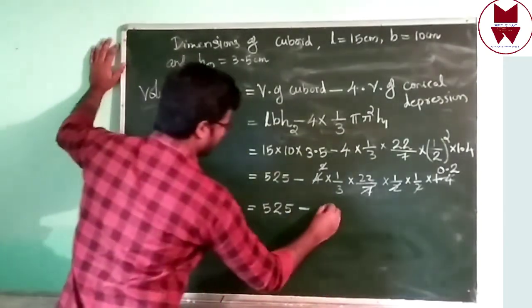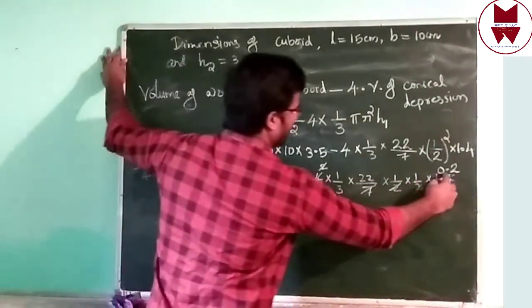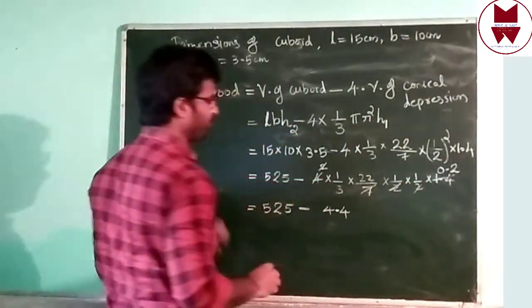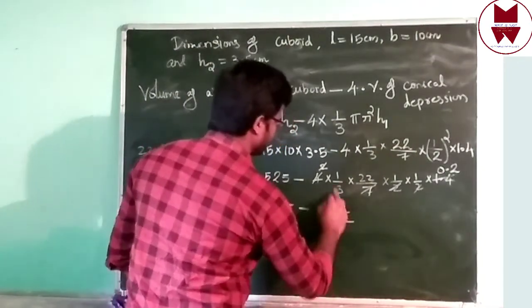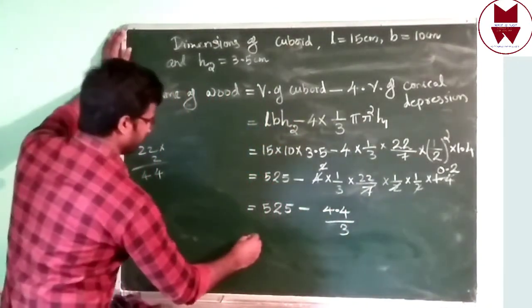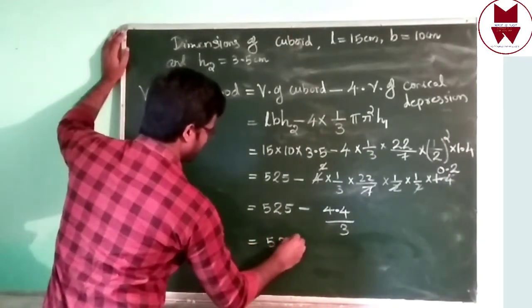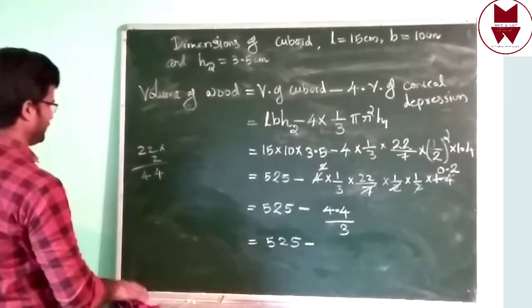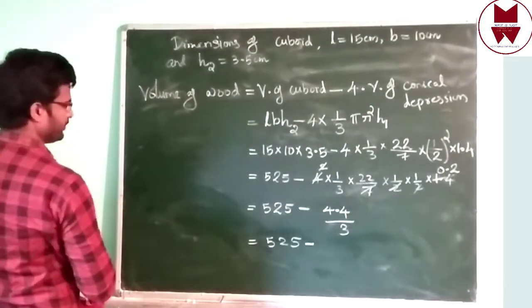Then 4.4 divided by 3. So 525 minus 4.4 divided by 3.